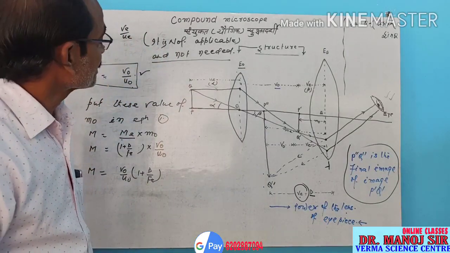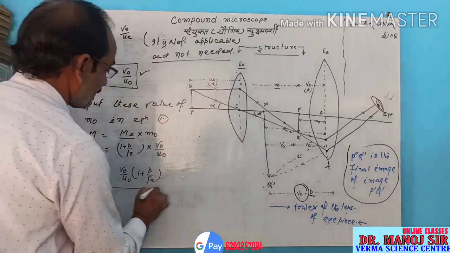This is the magnification power of the compound microscope.